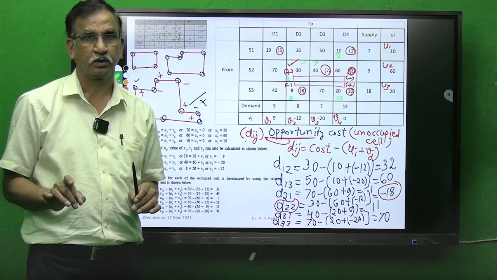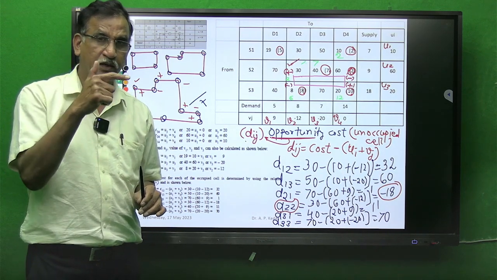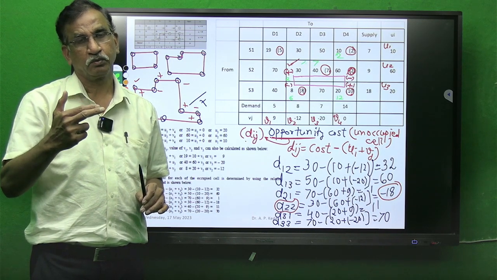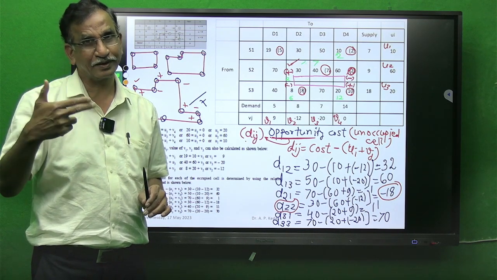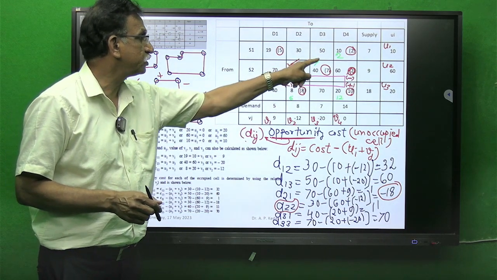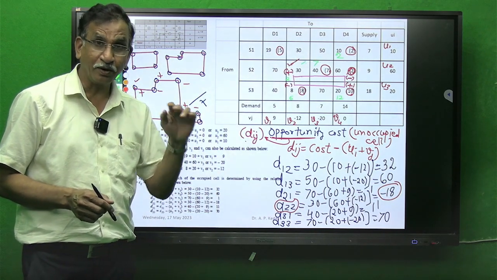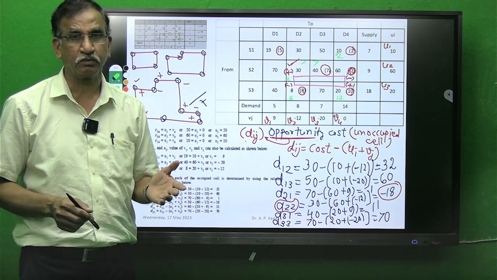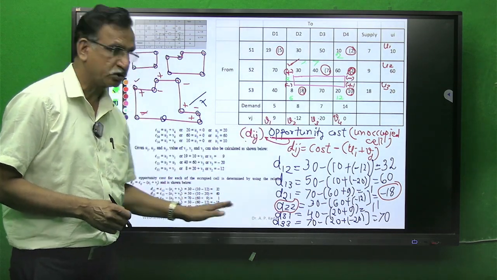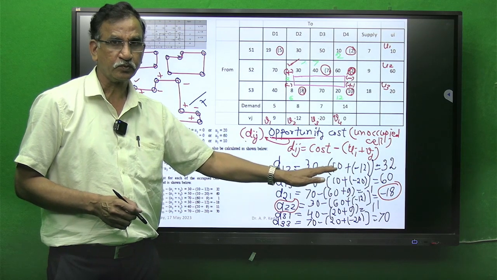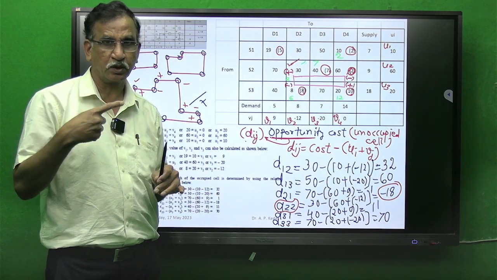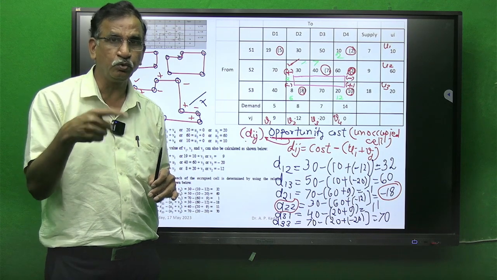Got it? What we have done? That earlier solution was not optimal. Therefore, we got next improved solution, which I have written with this green chalk now. And now our target is to check whether this is optimal or not. So your transportation algorithm will now go in do loop.